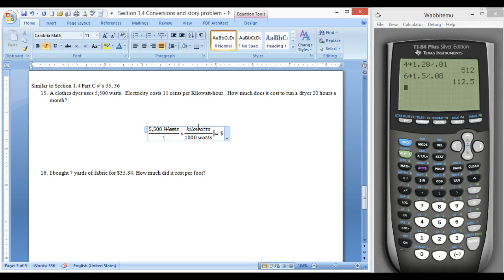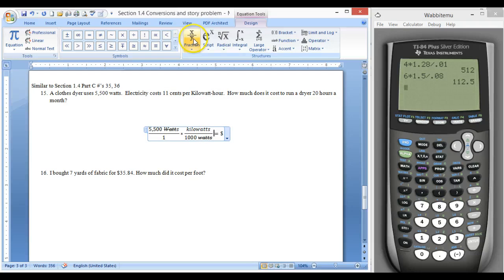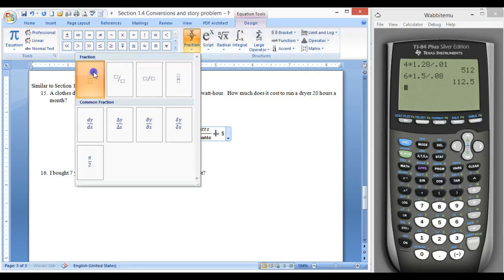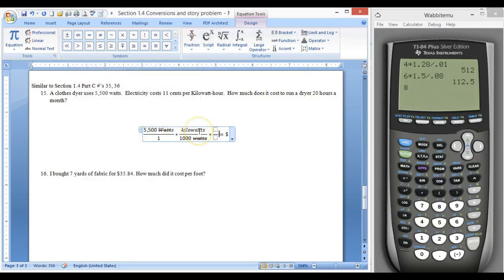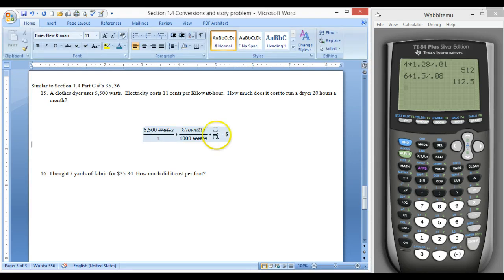Okay, now I need to keep going. I have a conversion for 11 cents per kilowatt hour. So I'm going to multiply by my next fraction. Now I want to get rid of kilowatts because I want to end up with money, so I need kilowatt to be on the bottom of this fraction.